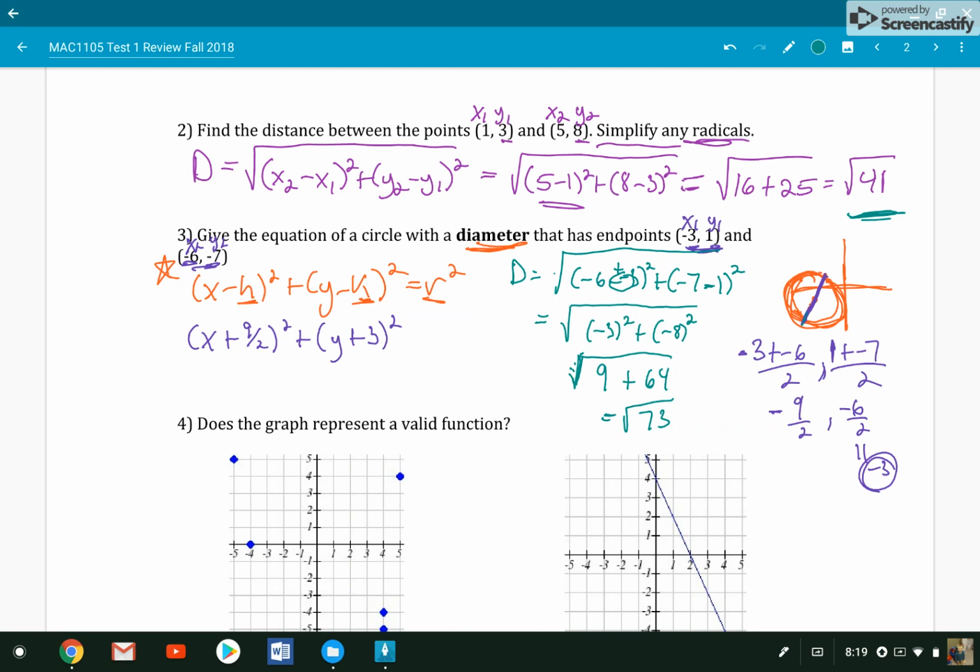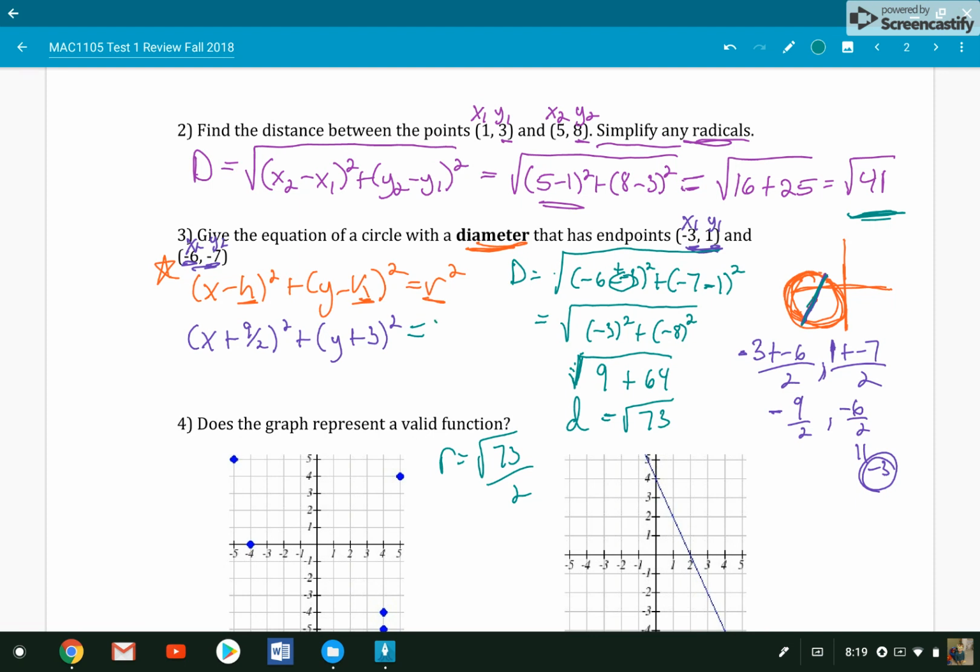Now that's the distance all the way across the circle. This is the diameter. The radius is just the diameter cut in half. So the radius in this case is the square root of 73 divided by 2. And so now when I go to square this, because this is equal to not just the radius, but the radius squared, if you square the top, well, the square root of 73 squared, the squared and square root, as we talked about, are inverses.